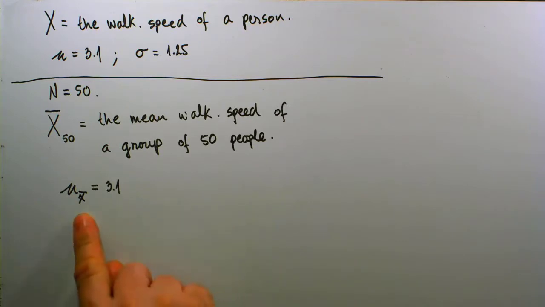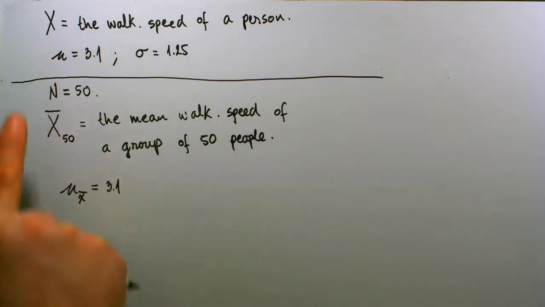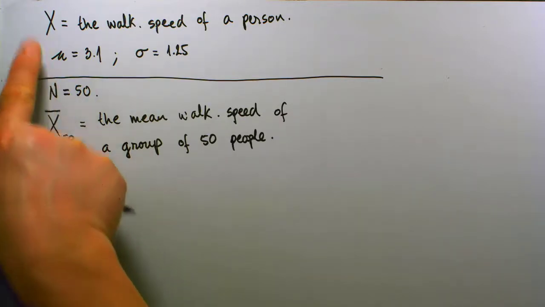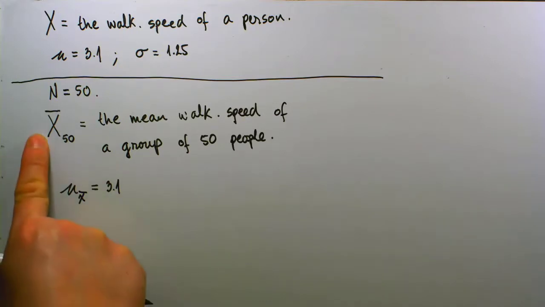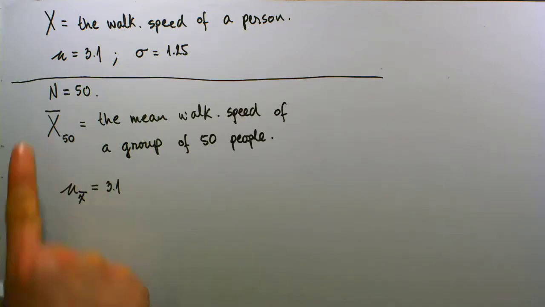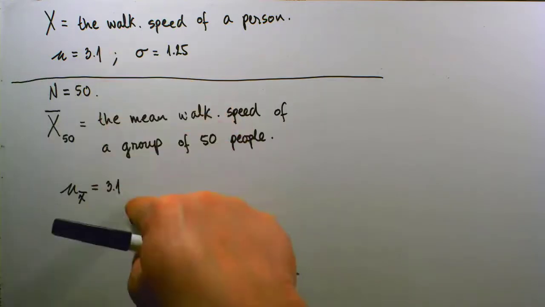Even though maybe I have not made it clear earlier, I have to make it clear again: this mu X bar is not the same as mu. There are two different objects, two different centers. This is the center for the population X. This is the center for the population capital X bar 50. But their calculated values will be equal.